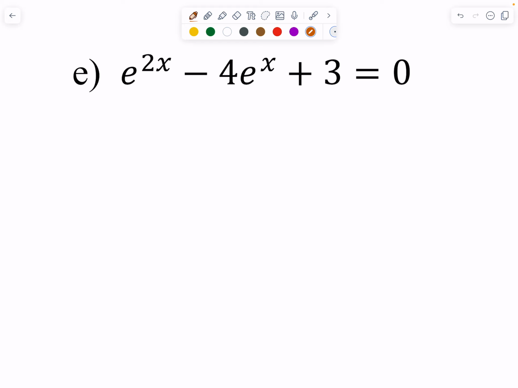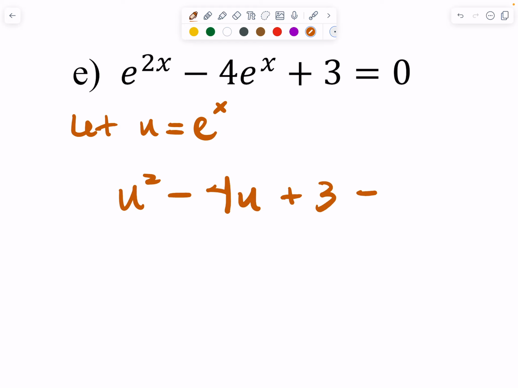So for example, if we did a U substitution here, we would think about letting U equal e to the x so that we can rewrite the left-hand side of the equation here as U squared minus 4U plus 3 equals 0. And you could do a little mental check, like if you were to substitute the e to the x back in, that would end up being our original equation.